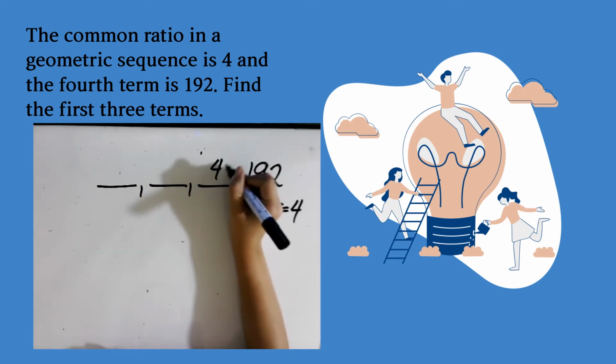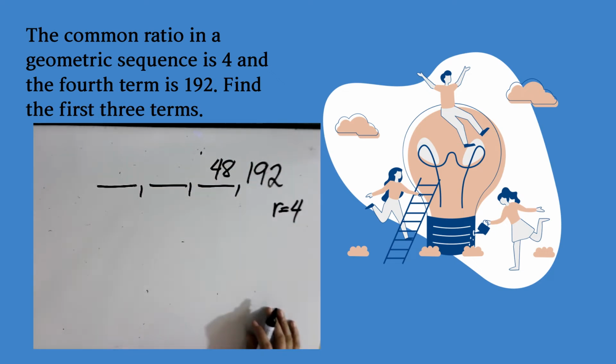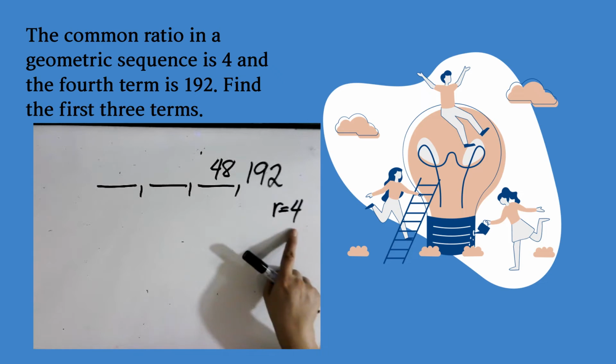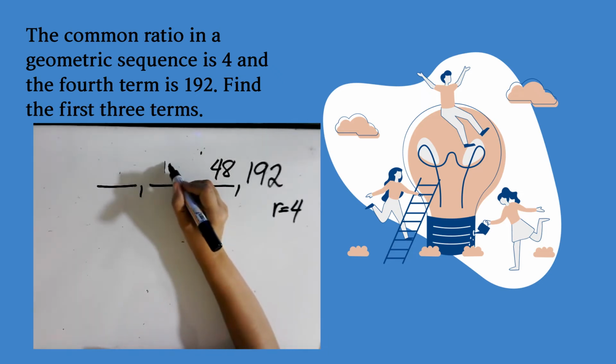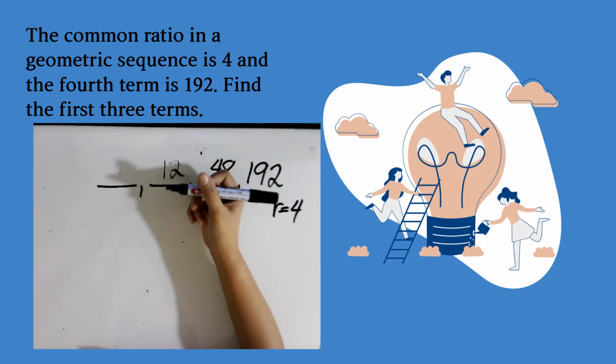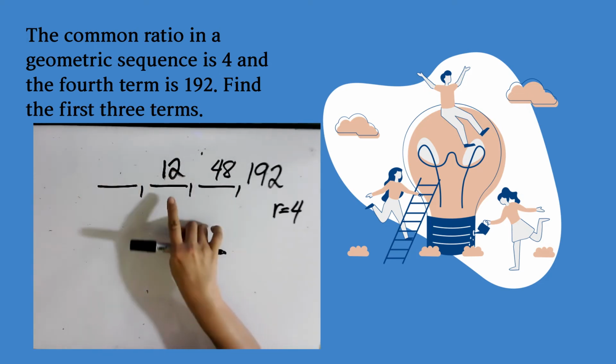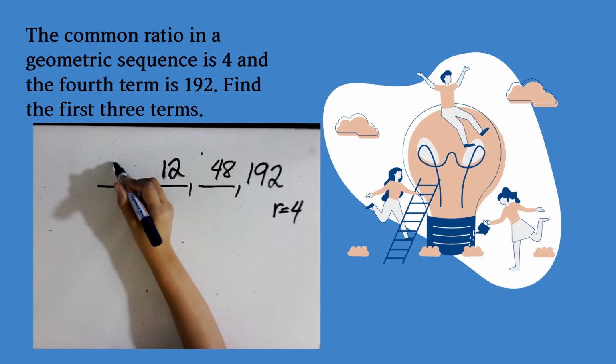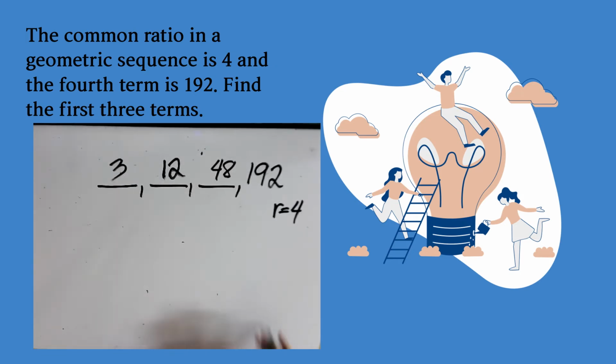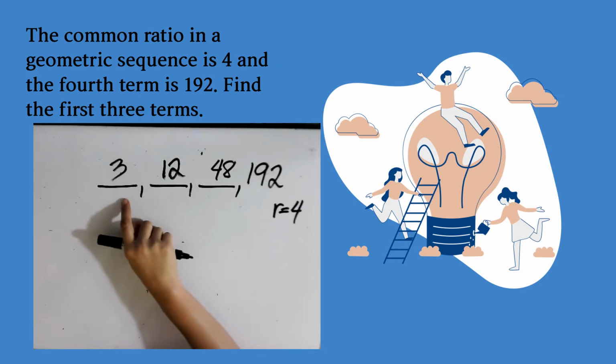So, the third term is 48. Tapos, divide ulit natin. 48 divided by 4 is 12. Ayan. And then, 12 divided by 4 is 3. Ayan. So, ito madali lang kasi yung hinihingi, kasunuran lang.